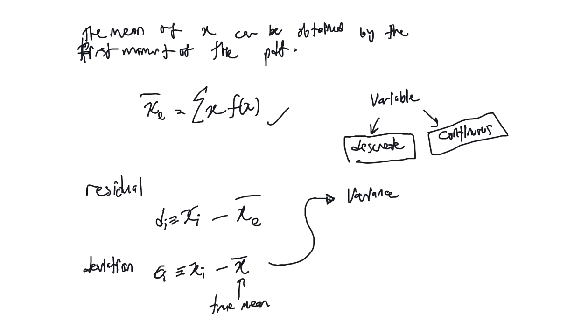For the discrete random variable, variance is the average of squared deviation. Sorry, it must be squared.